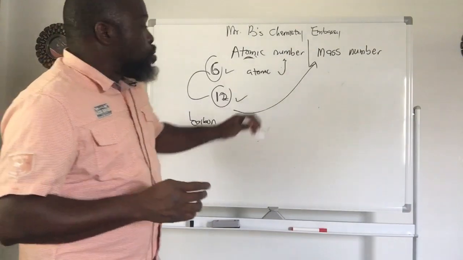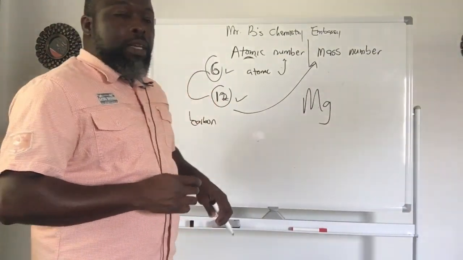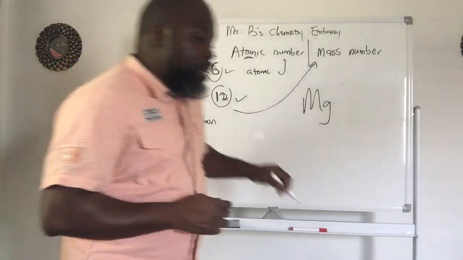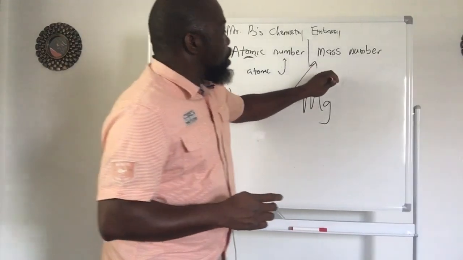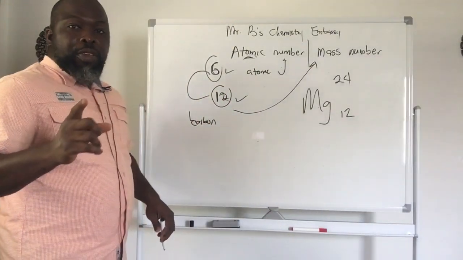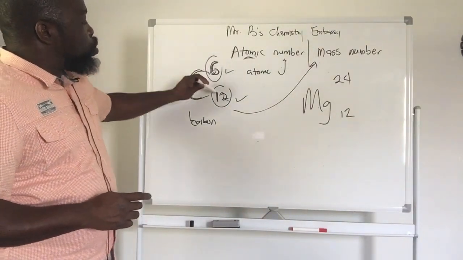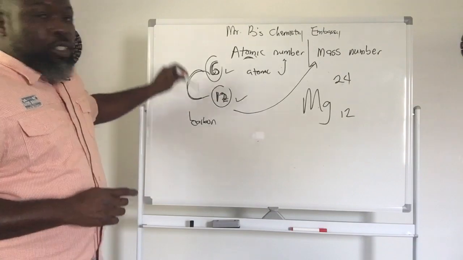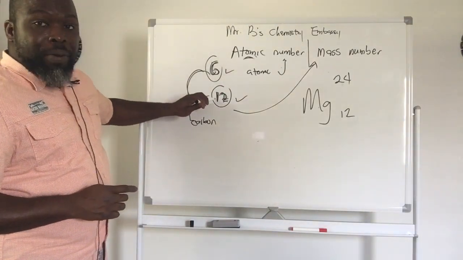So sometimes you will see, let's say, magnesium. Magnesium is represented by what? The letters Mg. When you see magnesium, sometimes you have 24 and 12. Can you see? Look at carbon here. We have 6 up here and 12 down here. So the smaller number is up here and the bigger number is down here.